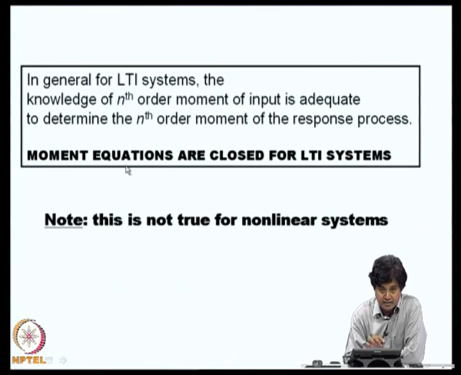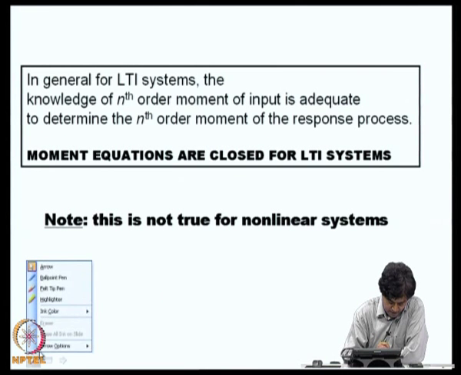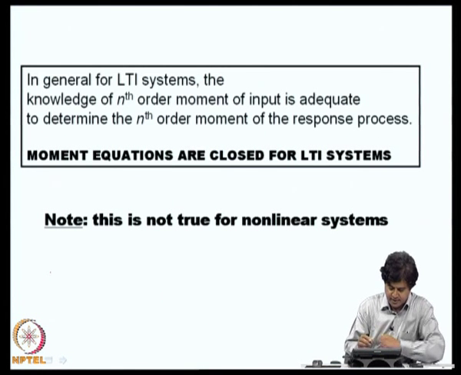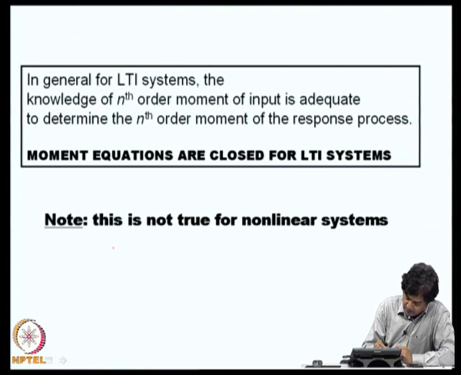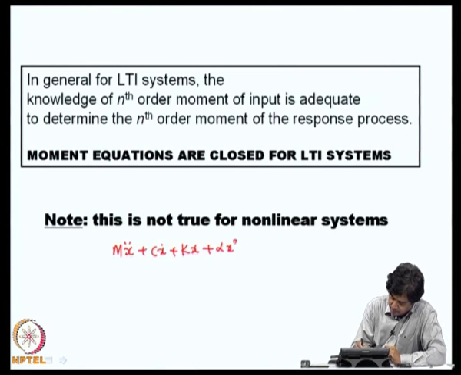This is not in general true for dynamical systems. For instance, if you have a nonlinear system, this is not true. This can be seen if you consider a simple nonlinear system where I have now a cubic nonlinear term.